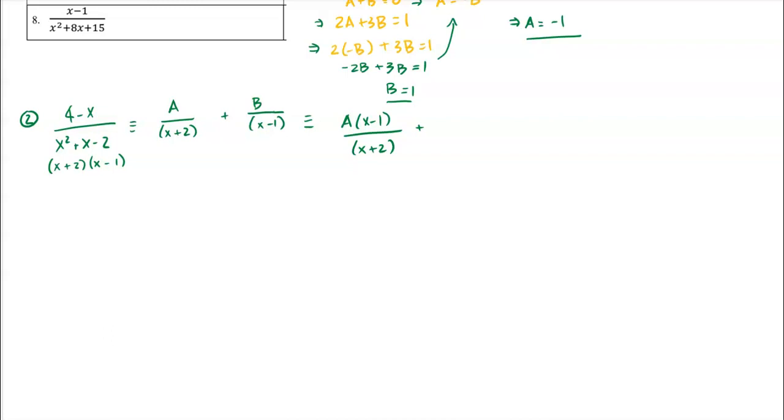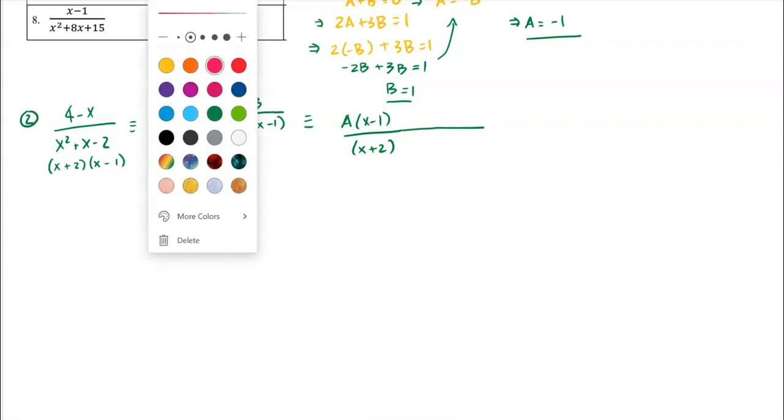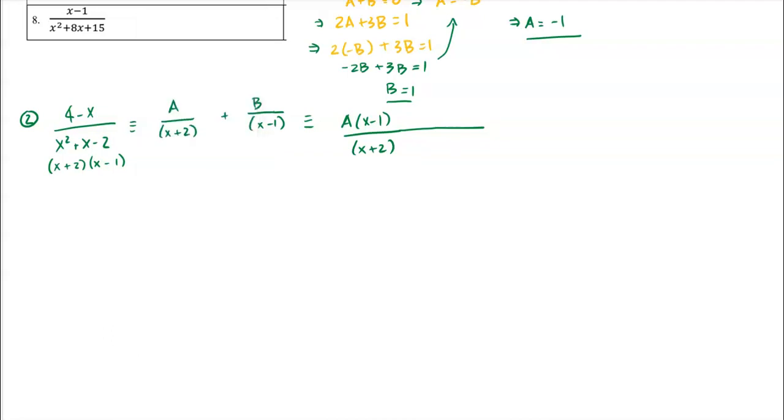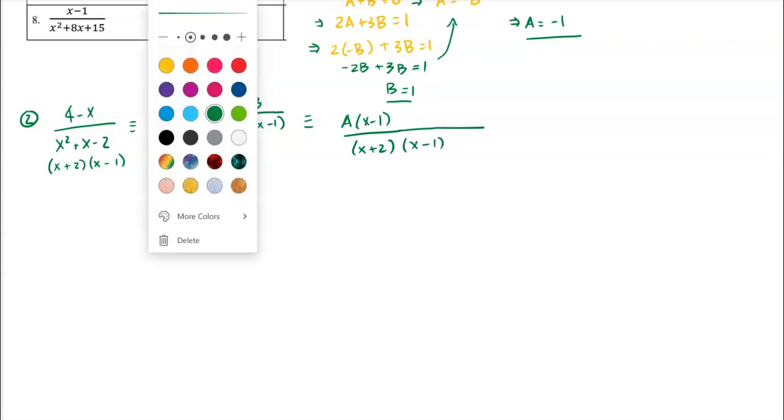I want you to really think about what you're doing right here, because we get into a pattern of just writing things down without really thinking about it. I did it incorrectly because I was doing it too quickly. What I'm trying to do is get this denominator to be the common denominator for the individual fractions.